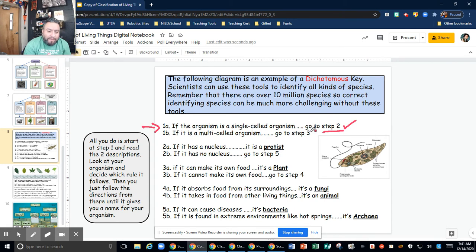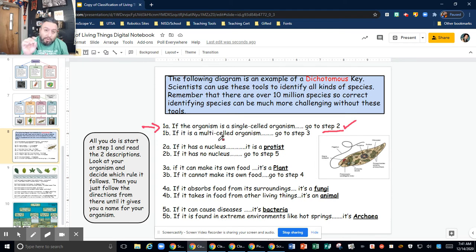If you look at these lines, okay? Single cell organism, go to step 2. If it was a multi-cell organism, go to step 3. I wouldn't have to go to step 2. I know we're used to being taught you got to do this thing first, this thing second, number 1, number 2, number 3. With a dichotomous key, those rules go out the window.